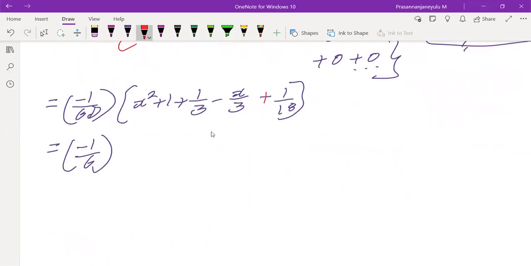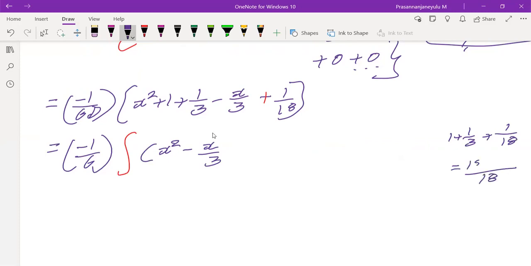Thank you. Now here I am writing 1 by D as integration of x square minus x by 3. Now 1 plus 1 by 3 plus 1 by 18. LCM is 18.